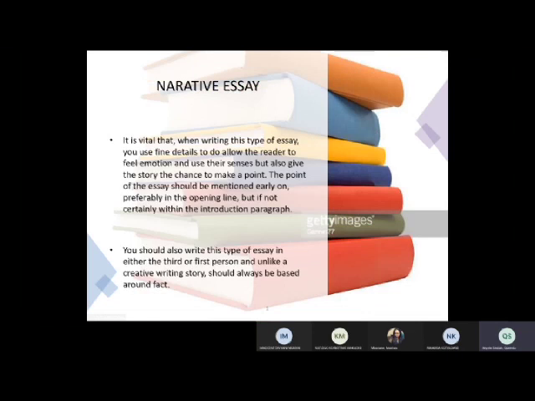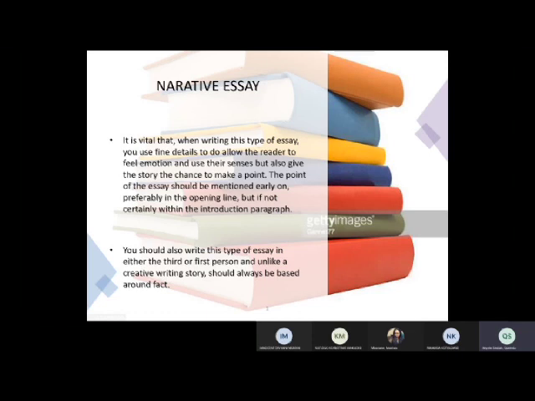It is vital that when writing this type of essay, you use fine details to allow the reader to feel the emotion and use their senses, but also give the story the chance to make a point, right? So although you're telling a story, you still need to have a point.